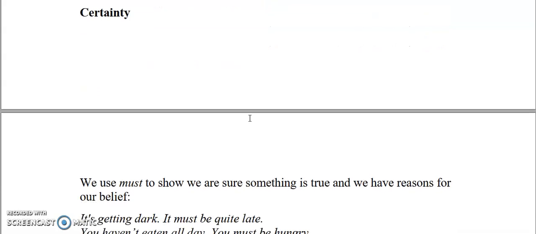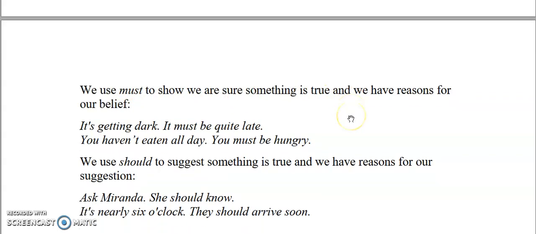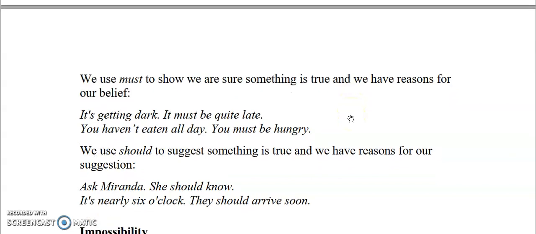Certainty. We use must to show we are very sure something is true and we have reasons for our belief. It's getting dark. It must be quite late. You haven't eaten all day. You must be very hungry. So I have a reason to think that something is what it is.